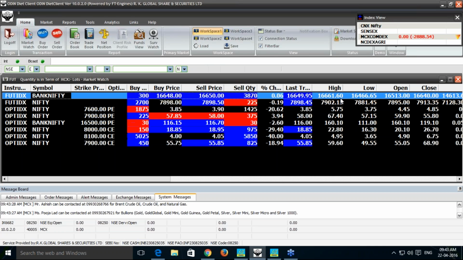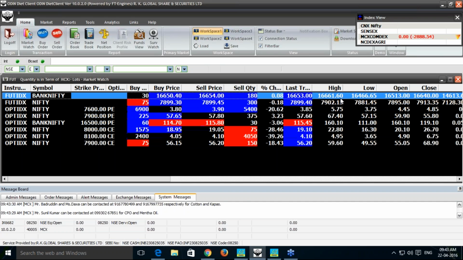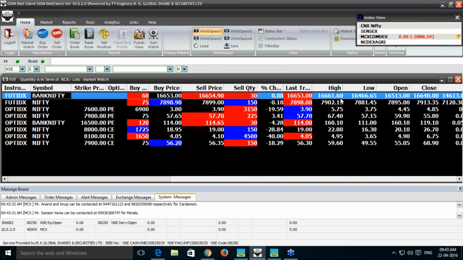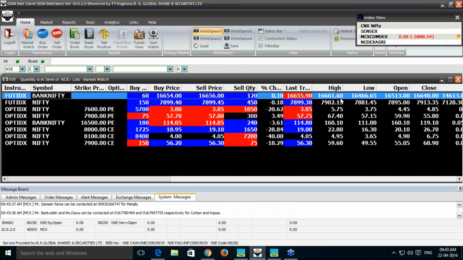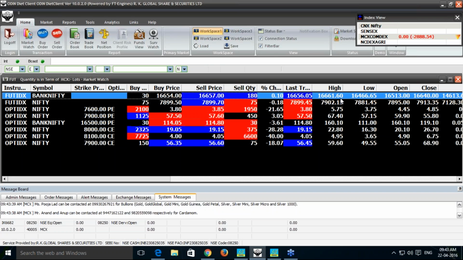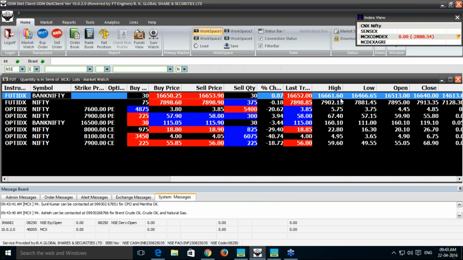So you can say almost 70 to 75 points you made in the future, and almost 20 points you are losing there. 1500 profit is there in Bank Nifty now.